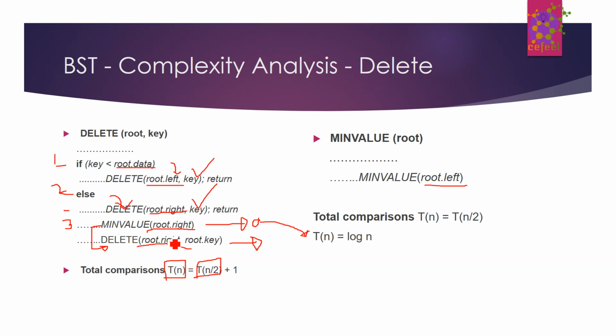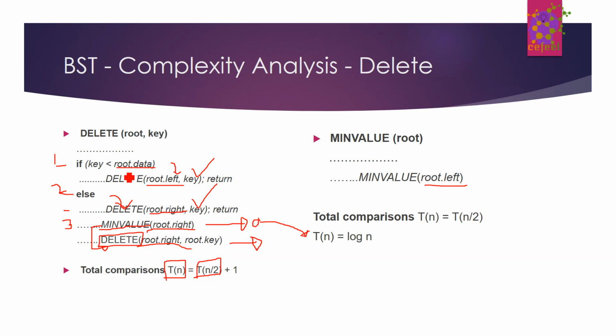So the right subtree is called twice, but because min value and delete are similar, doing the same thing, it doesn't make any difference in terms of time complexity.